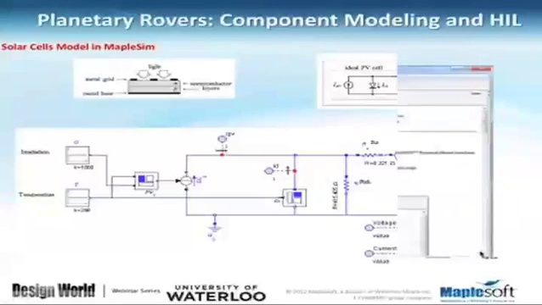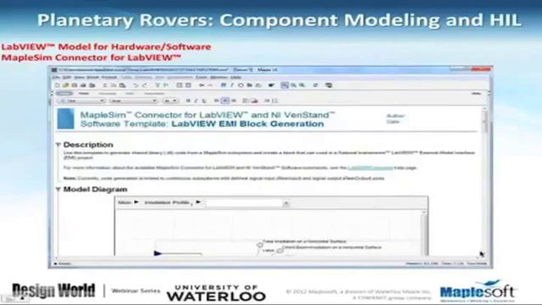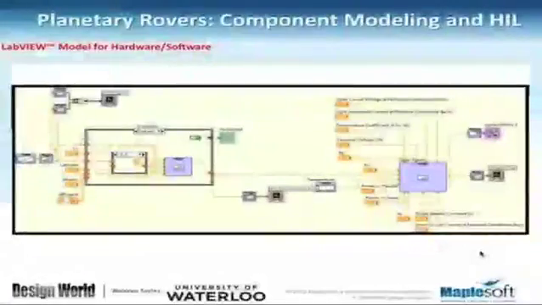The next step that we did here was to connect this to a real-time simulation and hardware-in-the-loop environment. In Maplesoft, there is a connector or a component that you can use to compile or pass the blocks to LabVIEW. So it has a connector for LabVIEW, so you use exactly the model that you saw in the previous slides, and using this connector, you can generate a block that can be read in LabVIEW.